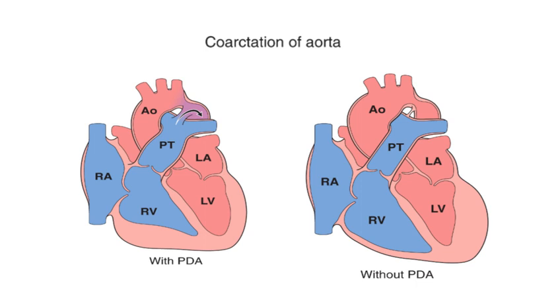And if it is coarctation of the aorta without PDA, and the aortic constriction is not severe, then it manifests in adulthood. Most of the children here are asymptomatic, and the disease may go unrecognized until adult life.